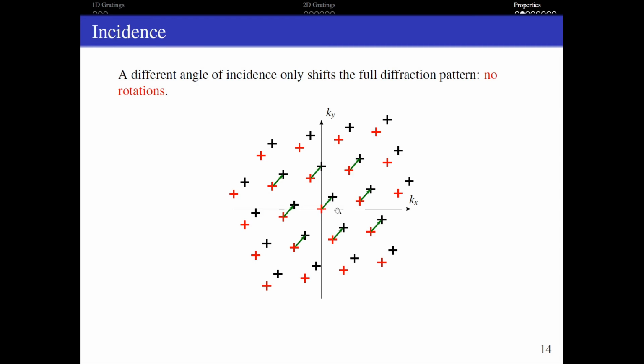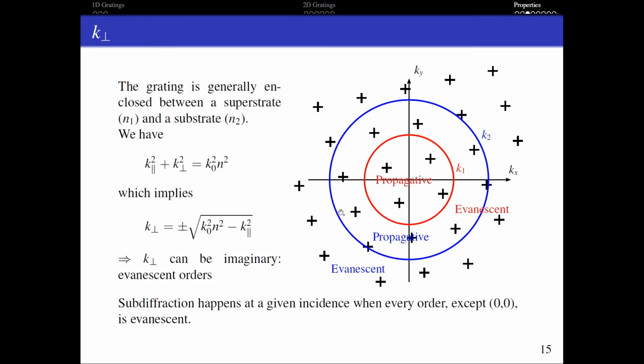You're only going to shift it according to the parallel components of your incident k vector. So if you see that things have rotated, that means there is something else going on. Most likely you have rotated the grating itself, and you have not changed the incidence.